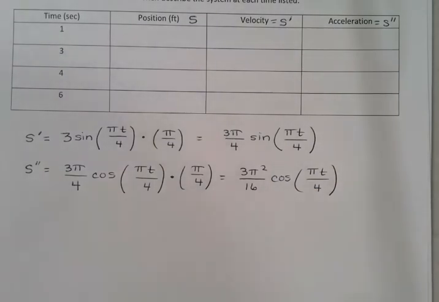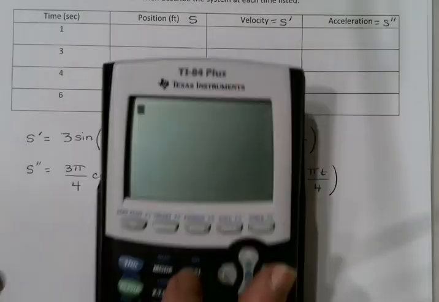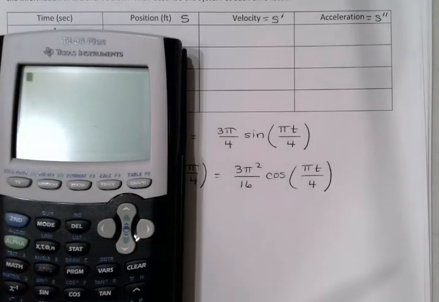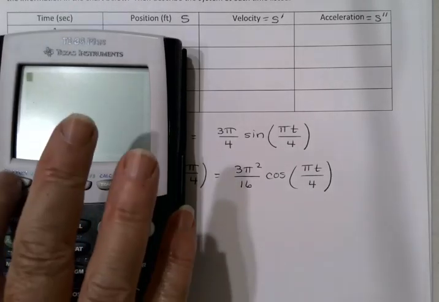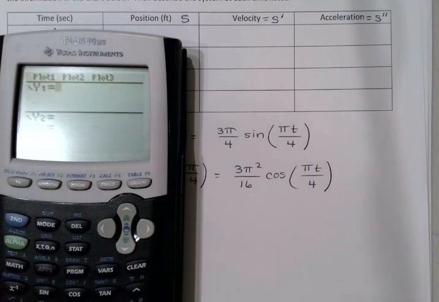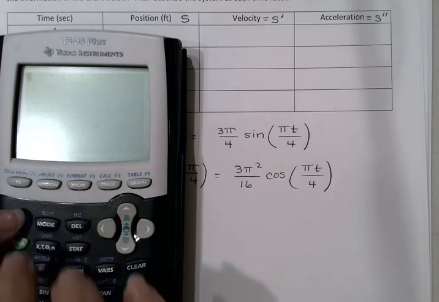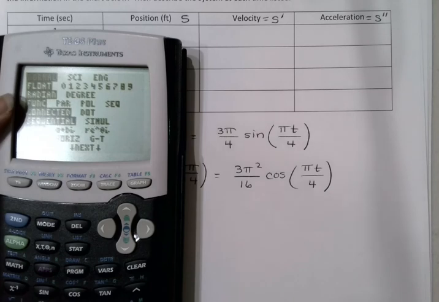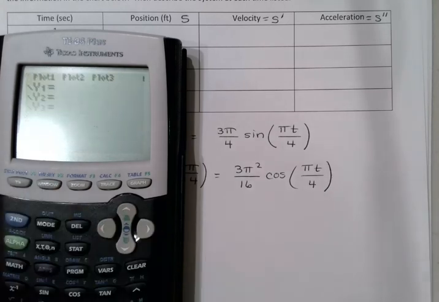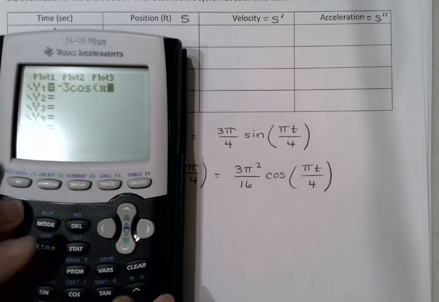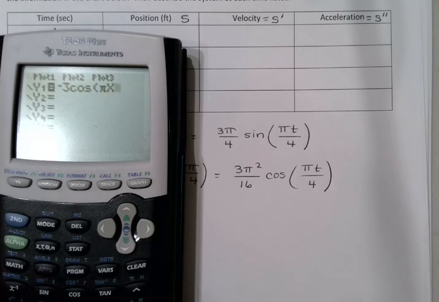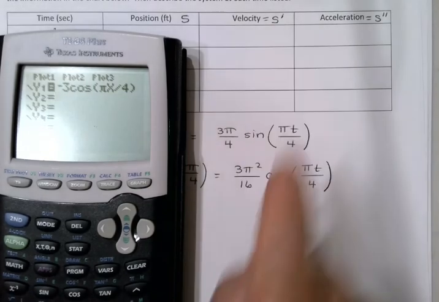All right, just to make it really easy to plug in values, let's put all three of our equations into the calculator. I want to go ahead and put in my equation for s. So y1 is going to be the s equation. And by the way, let's just make sure here, I should have checked this first. I am in radian mode, so that's good. All right, my s equation is -3 cosine pi, and I'll have to use x over 4. y2 is going to be my derivative.